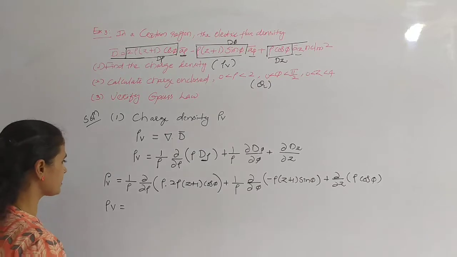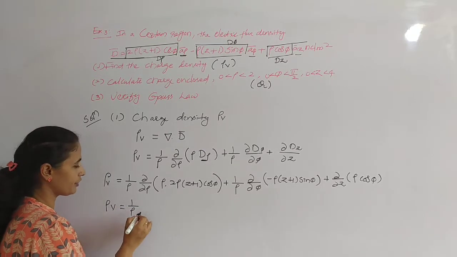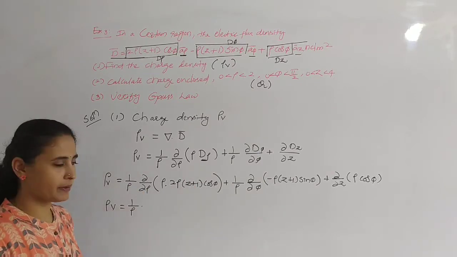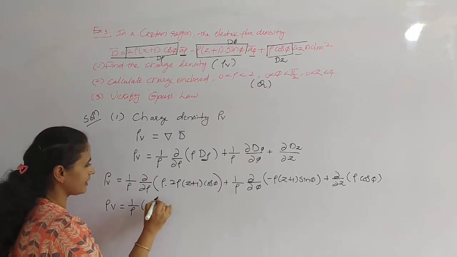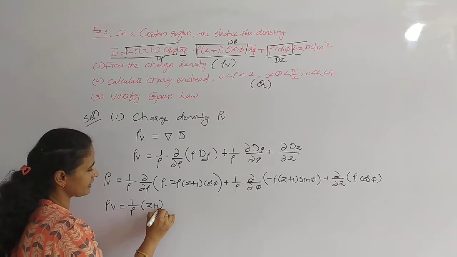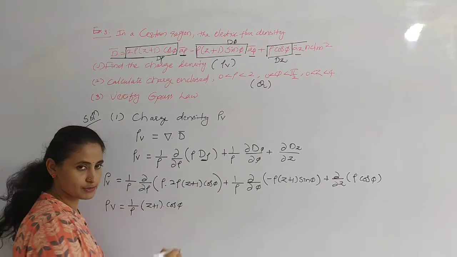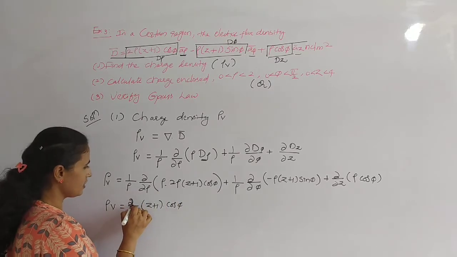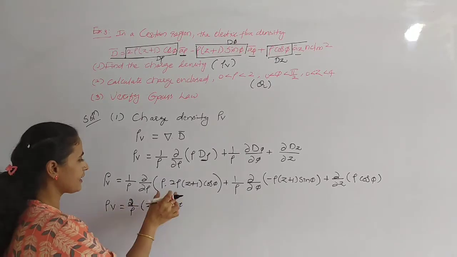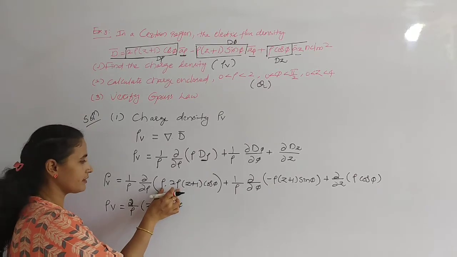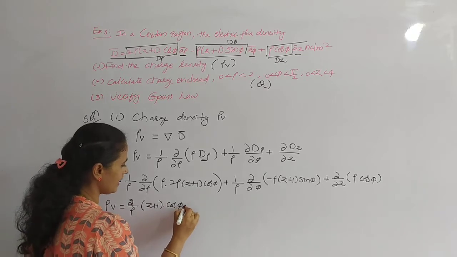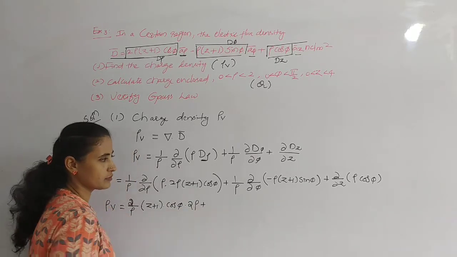Volume charge density is given by 1 by rho into, except the rho terms, I will take all remaining terms common as constants. I will take z plus 1 and cos phi, and also the 2, and what is left is rho into rho square. So differentiation of rho square with respect to rho is 2 rho.